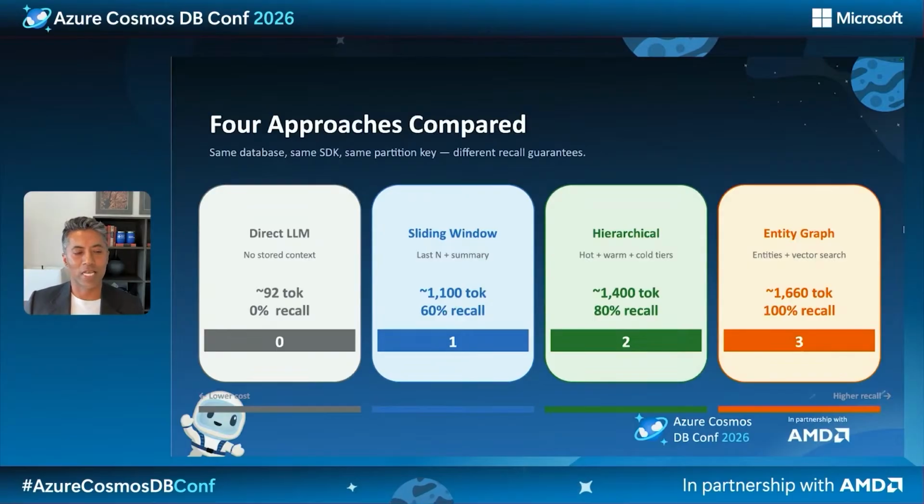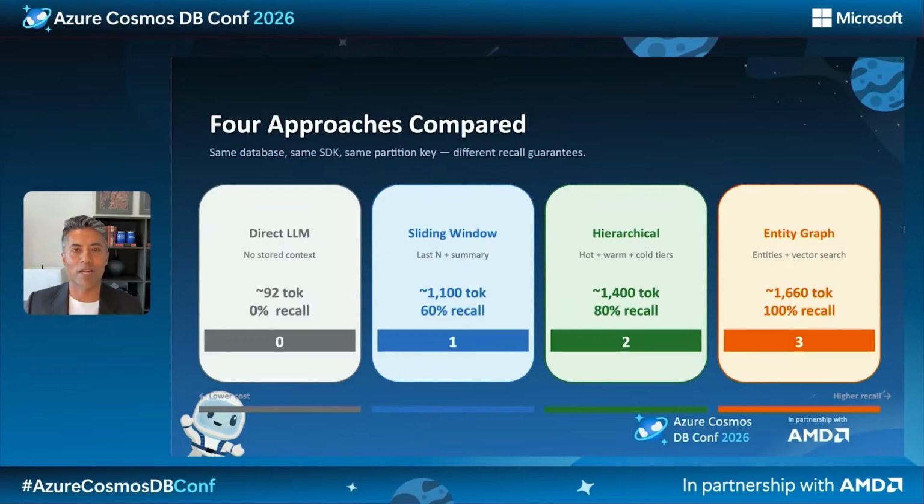For that reason, I don't think it's a good comparison, but I still want you to see that you may be able to get 92 tokens, but you get 0% recall. However, the other 3 strategies are very important. As you can see, we go from 1100 tokens all the way to 1660, and in this scenario, you go from 60% recall to 100% recall at 1.5 times the token limit.